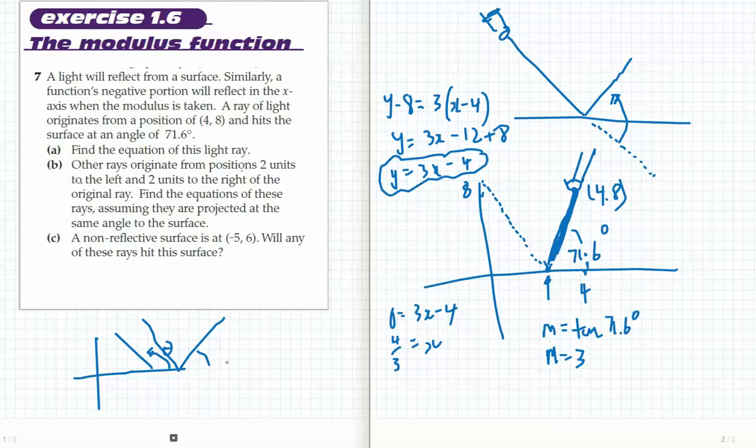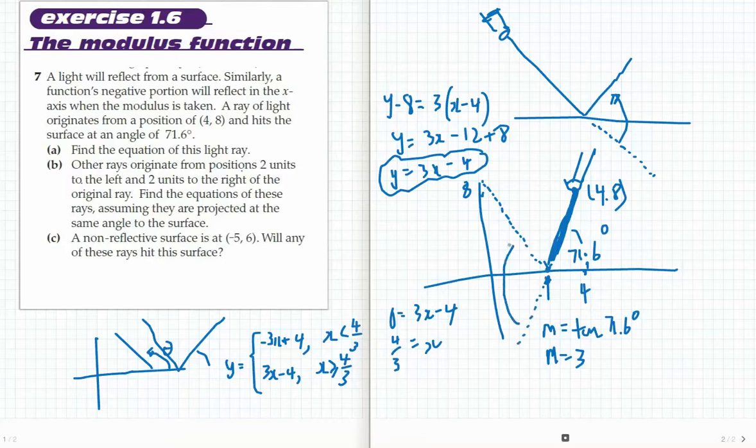So my rule is going to be y equals 3x minus 4 when x is greater than or equal to 4/3. It's going to equal minus 3x plus 4 when x is less than 4/3. Because when x is less than 4/3, the equation would actually be down here.